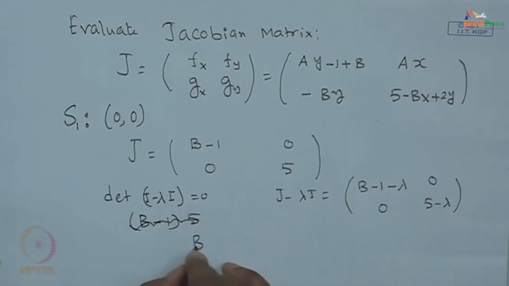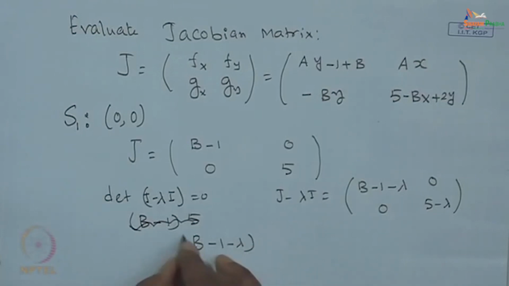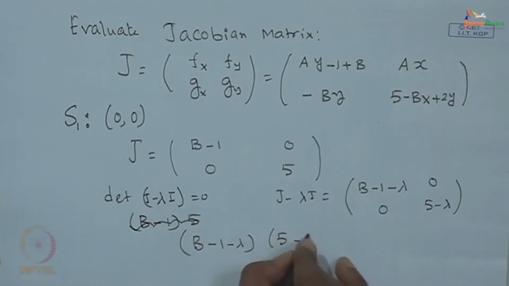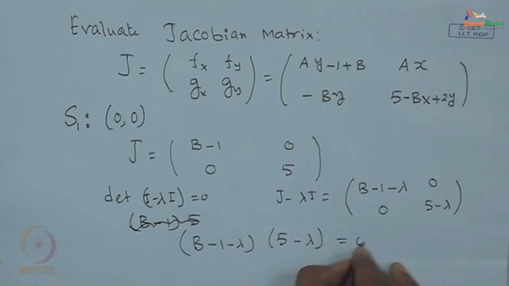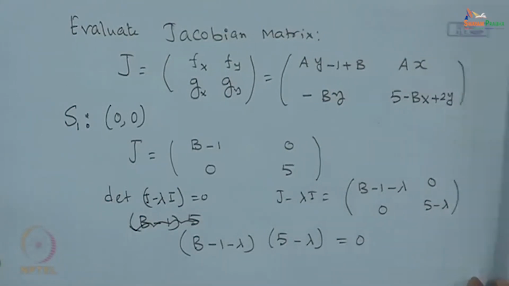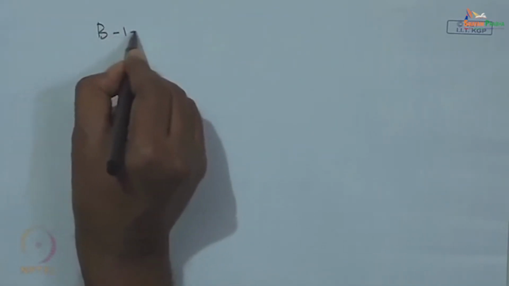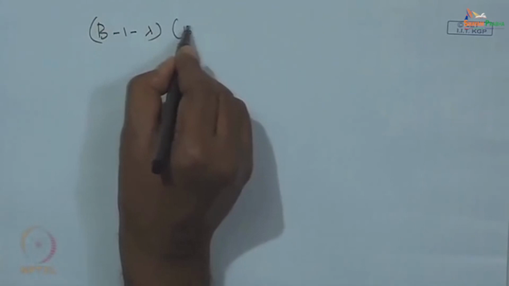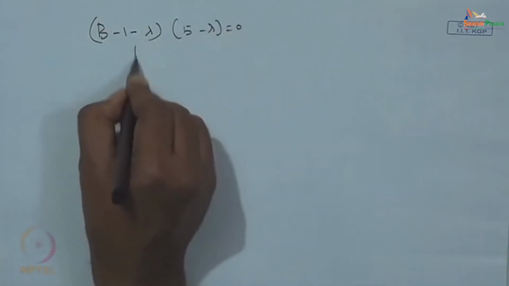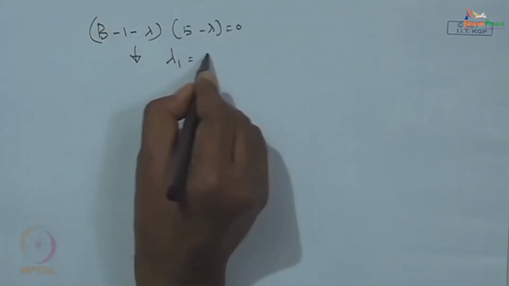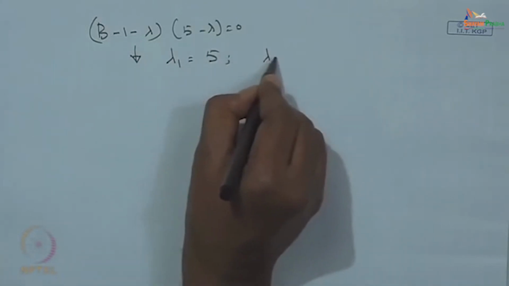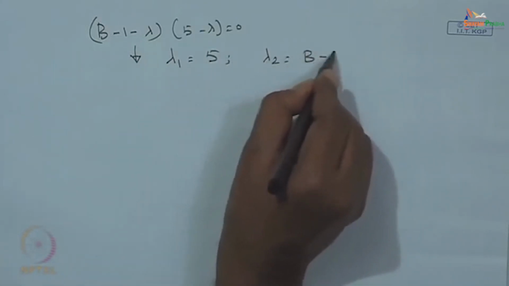So, (b - 1 - lambda) multiplied by (5 - lambda) should be equal to 0. We end up with a quadratic, and we evaluate the roots of the quadratic. One root you will be getting as 5, another root you will be getting as b - 1.